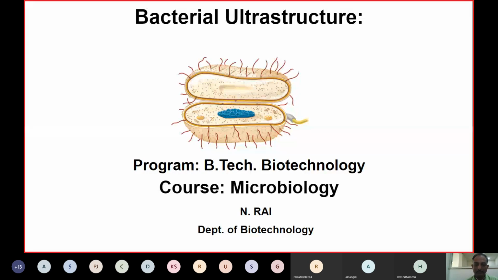One is on the basis of growth requirement or survival: essential organelles and non-essential organelles. Likewise, we can categorize the organelles present in bacteria on the basis of their location or position.